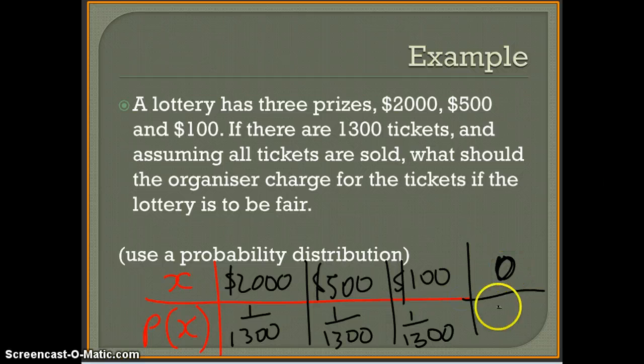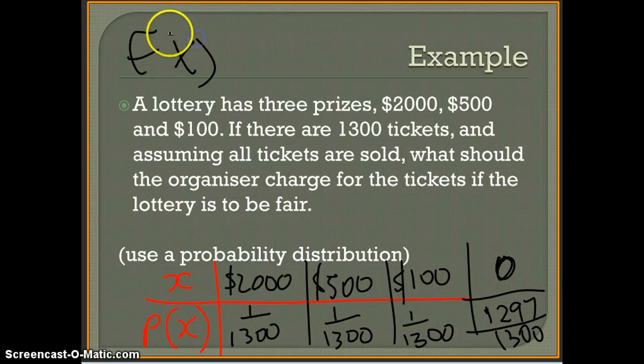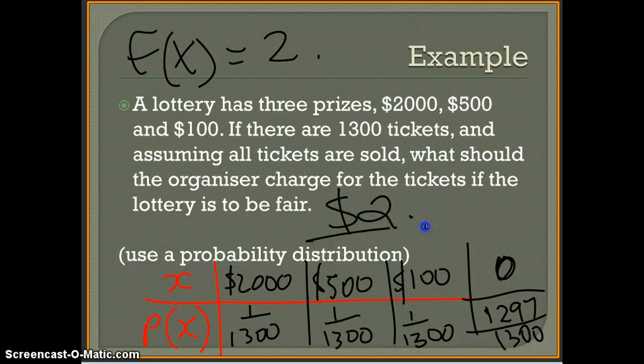And that was 1297 over 1,300. And the expected value of x was equal to this times this, plus this times this, plus this times this, which was 2. And so, what should the organiser charge for the tickets for the lottery to be fair? $2. Nice?